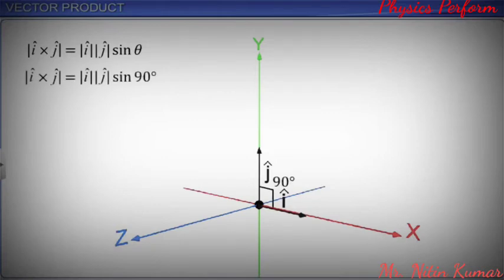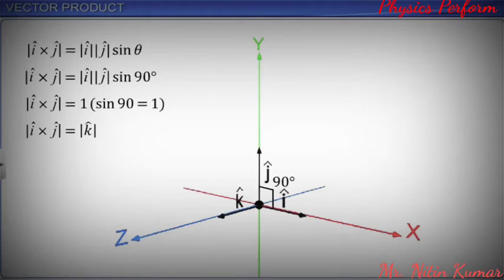The magnitude of i cross j is equal to 1, since sine 90 is 1. The direction of the vector product i cross j is along the positive z-axis. Therefore, i cross j is equal to k.